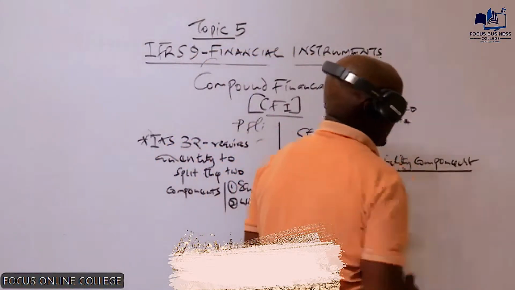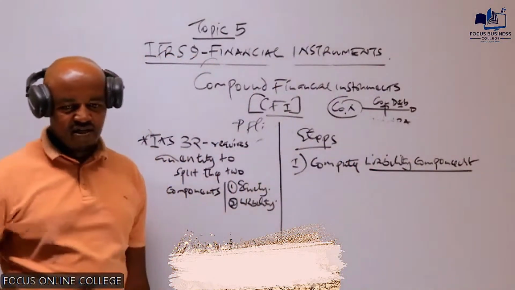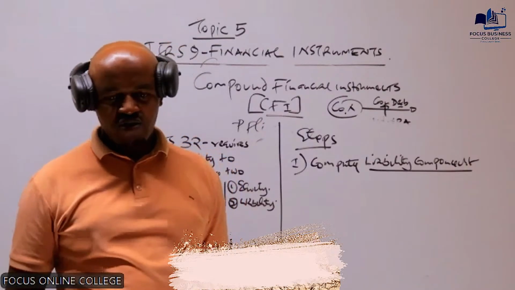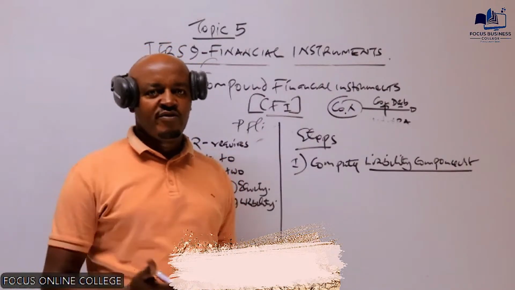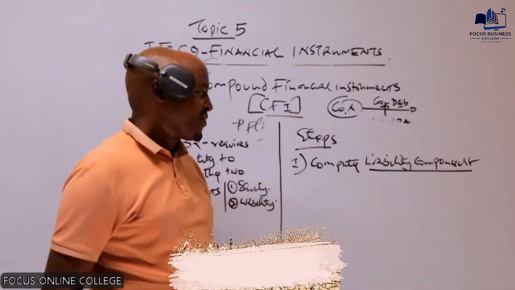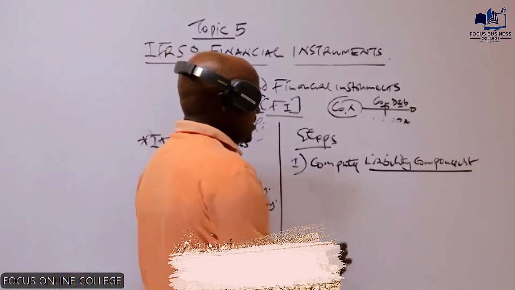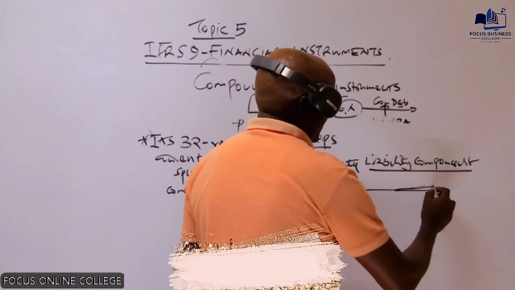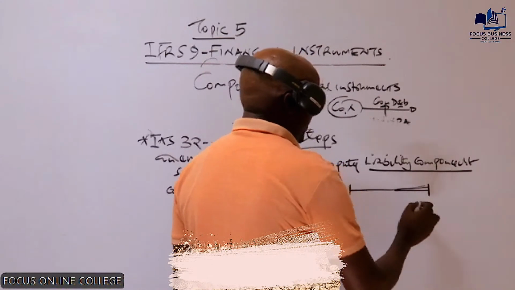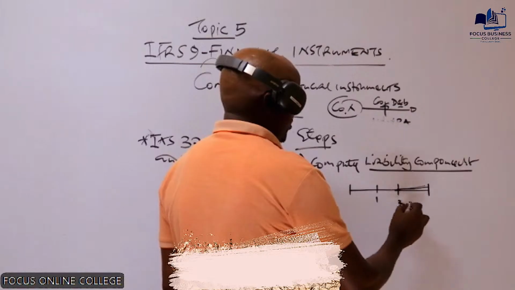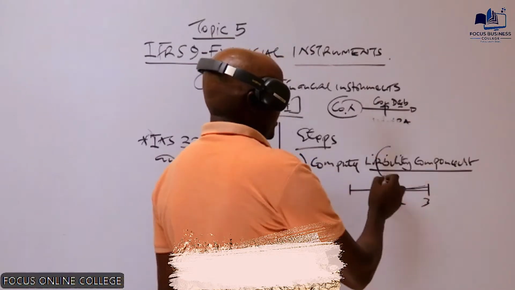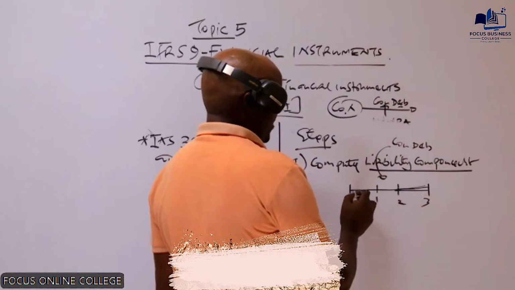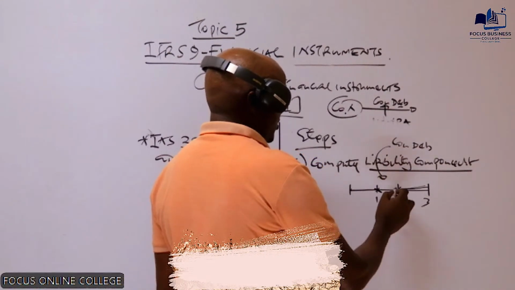If you can recall, this liability component arises as a result of the company's obligation to pay cash, which is in form of interest and in form of the principal amount. Assume a company has issued convertible debentures having a life of 3 years: year 1, year 2, year 3.